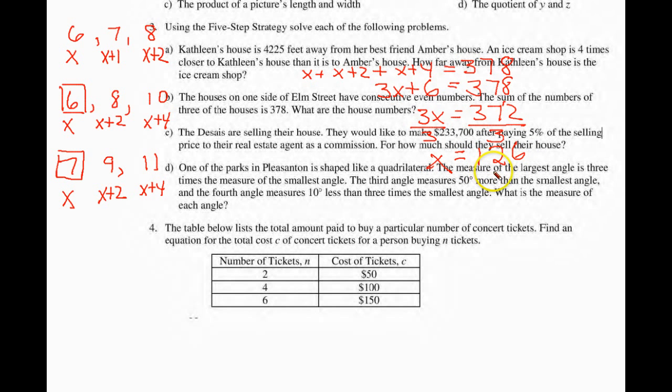Well, sort of, it's a start, but they're asking, what are the house numbers here? So you have to write all 3. 126, 128, and 130. And if you were to add those up, they should add up to what we have there.